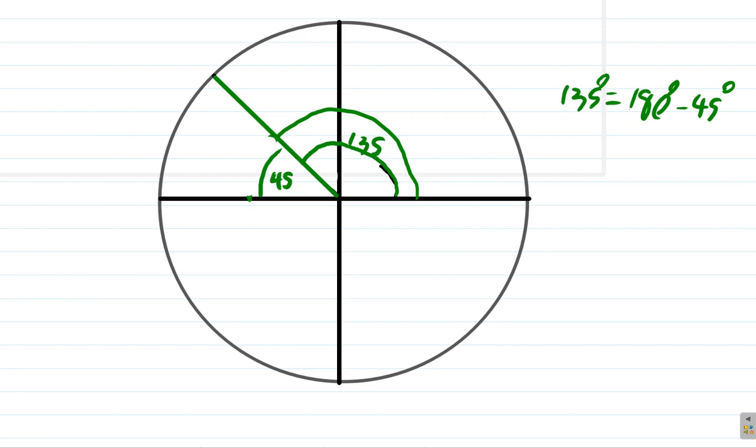Now, suppose you have this triangle. Now, the 135 degrees in here. And by the way, remember, this unit circle is divided into 4 quadrants.